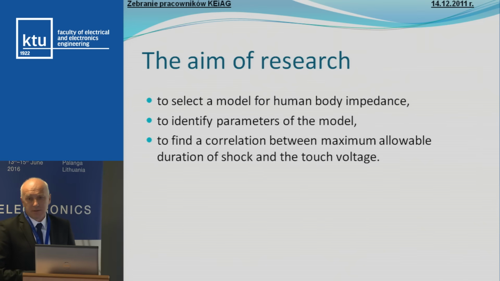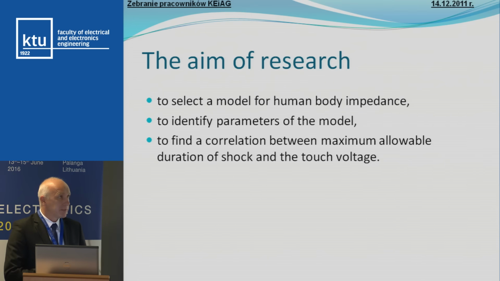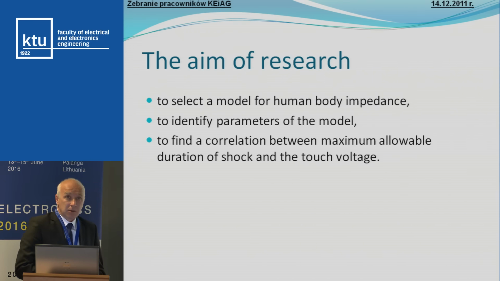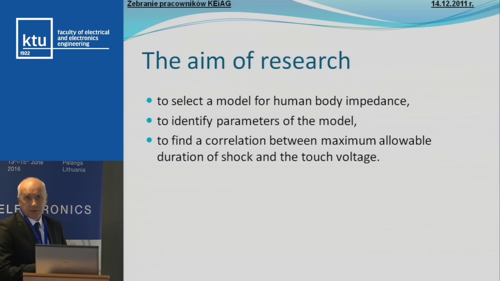It can be important from the requirements for means of protections point of view. For example, automatic disconnection of the supply. The time the supply should be disconnected after the fault when we have touch voltage, for example, on exposed conductive parts.